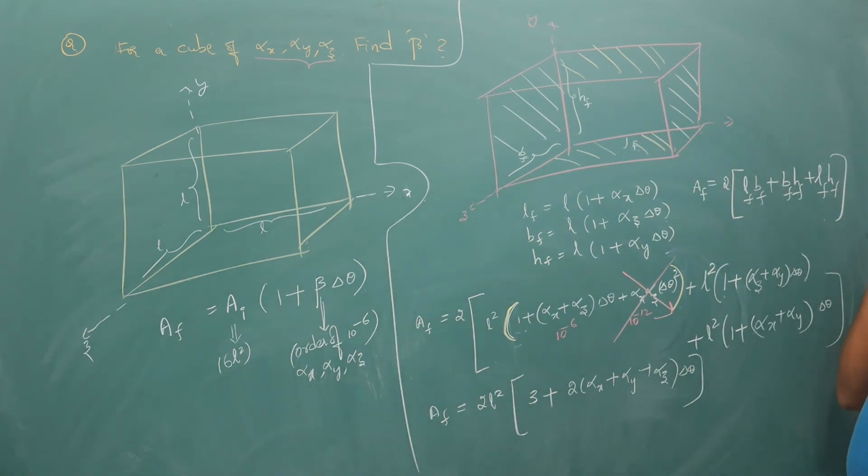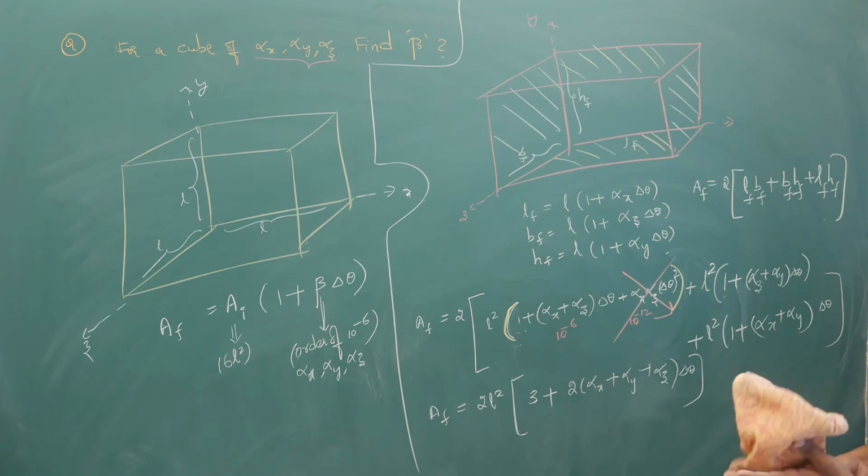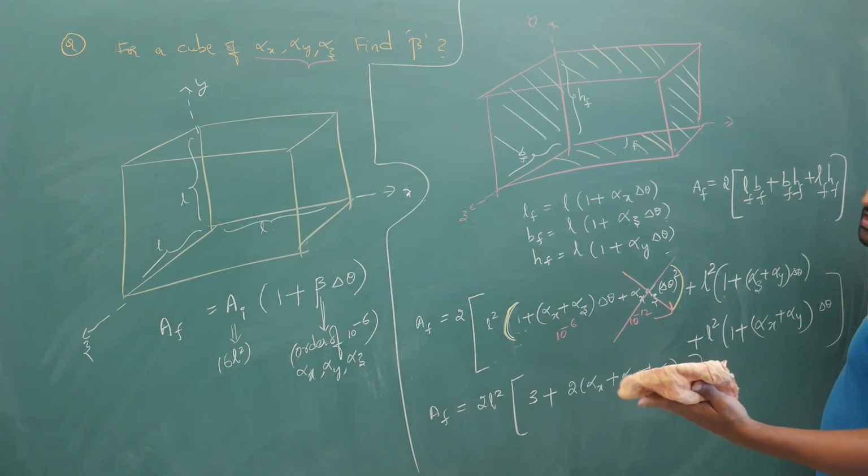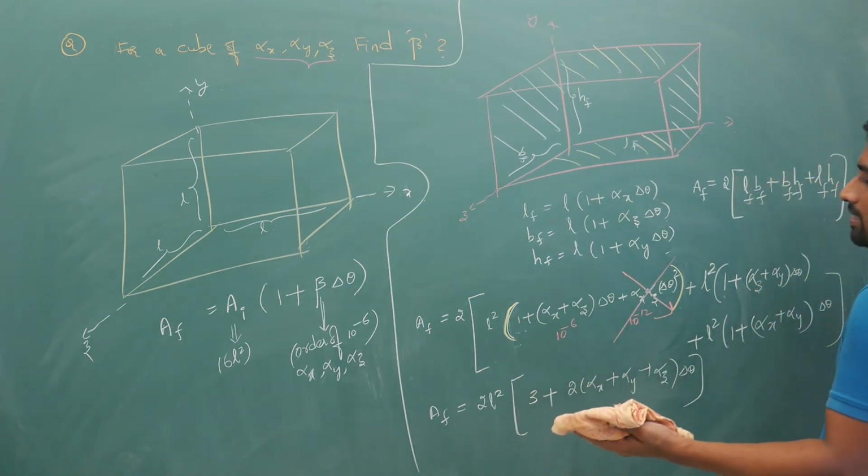Now I need space, I will erase the top figure. Those who want to copy it down, pause the video and then copy it down. So I am erasing it.